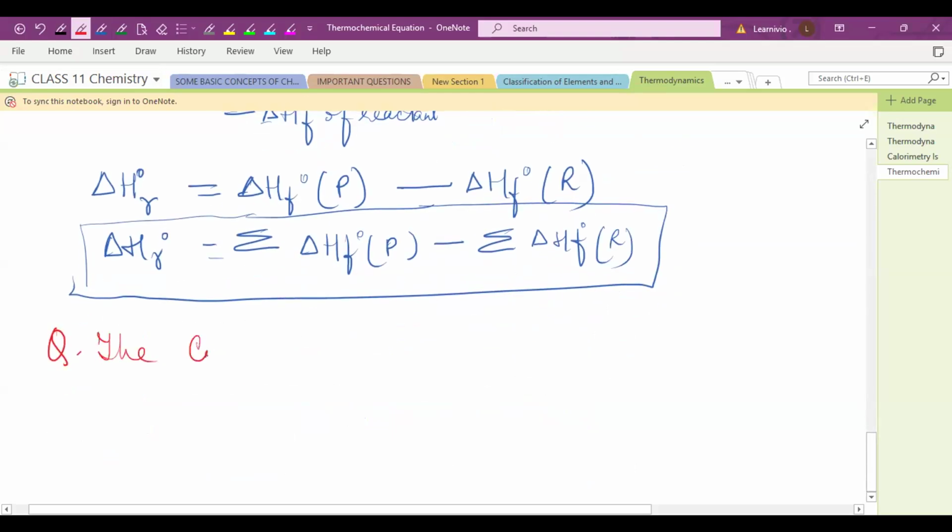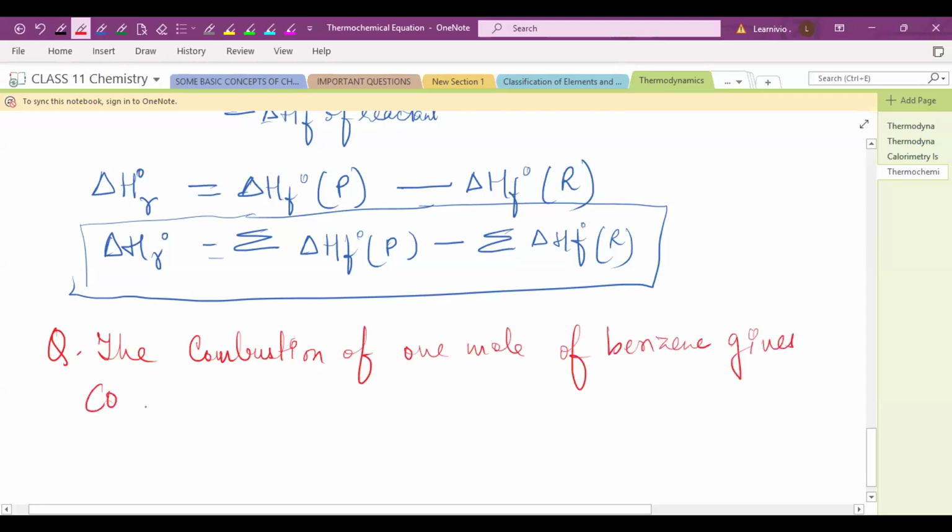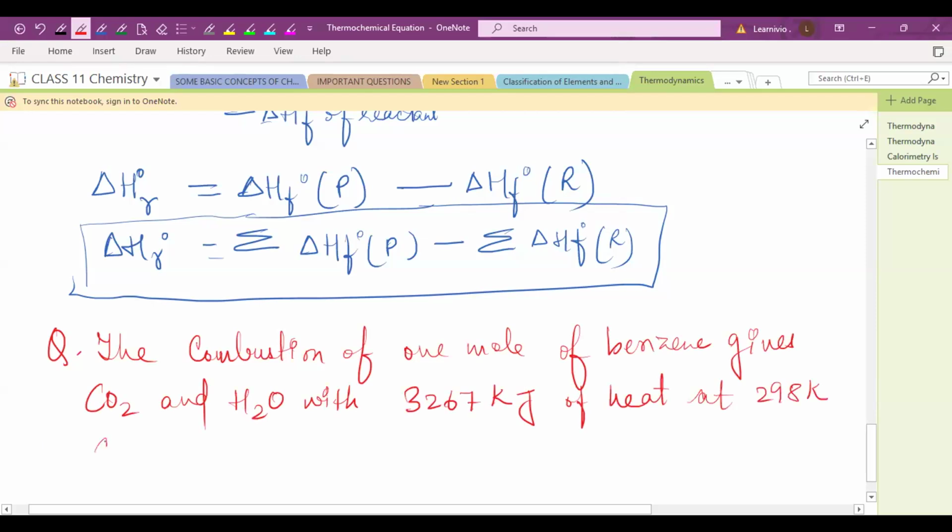The conversion of 1 mole of benzene gives carbon dioxide and water, H2O, with 3267 kilojoule of heat at 298 Kelvin and 1 bar.